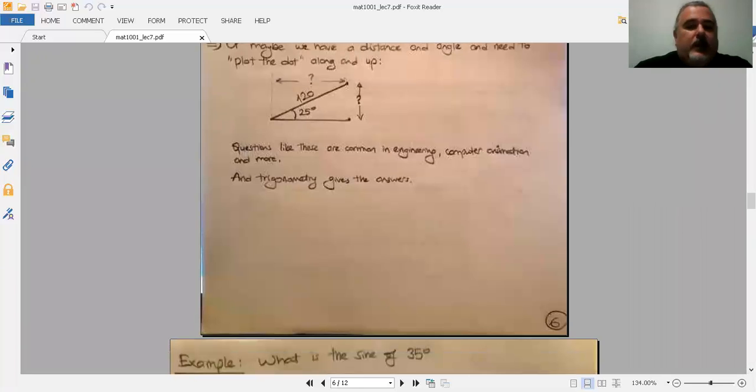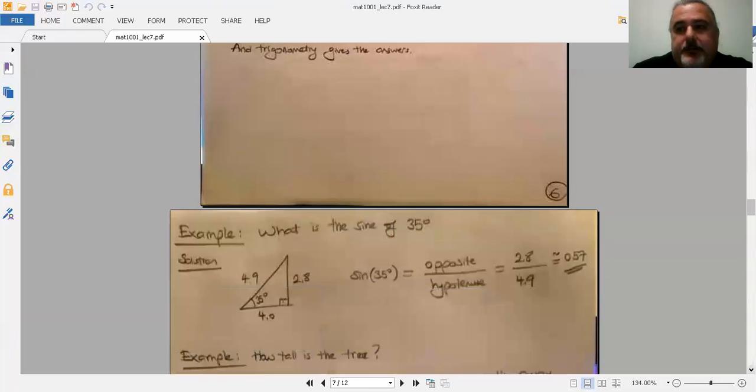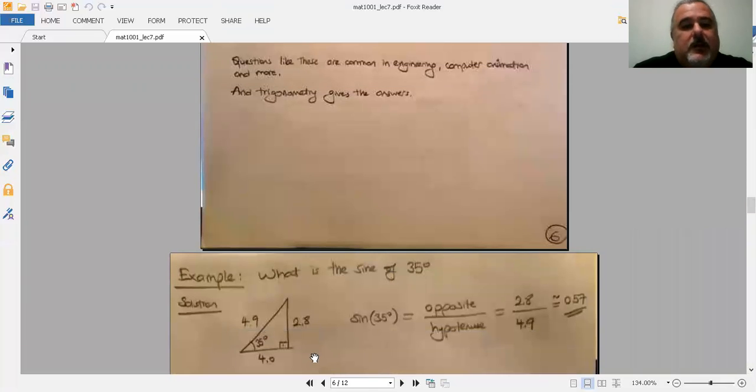So here, there's a question. What is the sine of 35 degrees? I have to show the solution because I just wrote the figure here. Okay. What is the sine of 35 degrees?